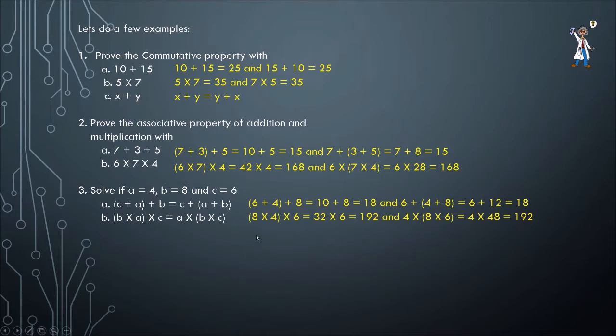We take A, which is 4, and we group together 8 times 6, which is 48. So 4 times 48 is 192. And that proves the associative and the commutative properties of addition and multiplication.